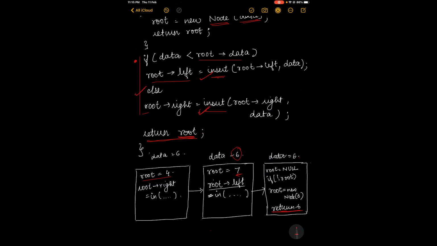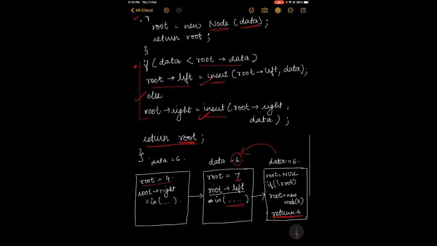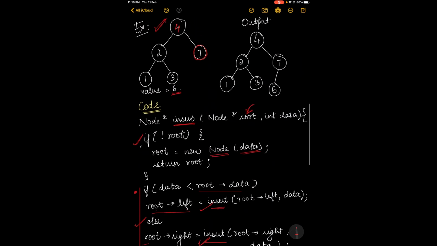Return means a return to the calling function. So this is the calling function, and 6 will be inserted here. That means root left, where root is 7, so the left child of 7 will now be 6. That is what was expected in the output.